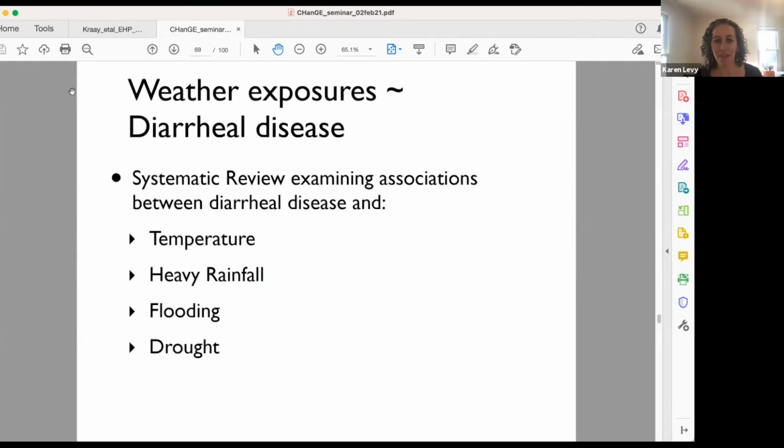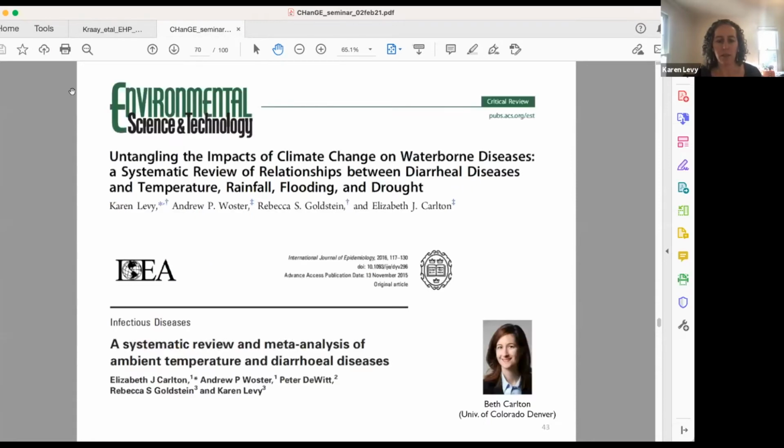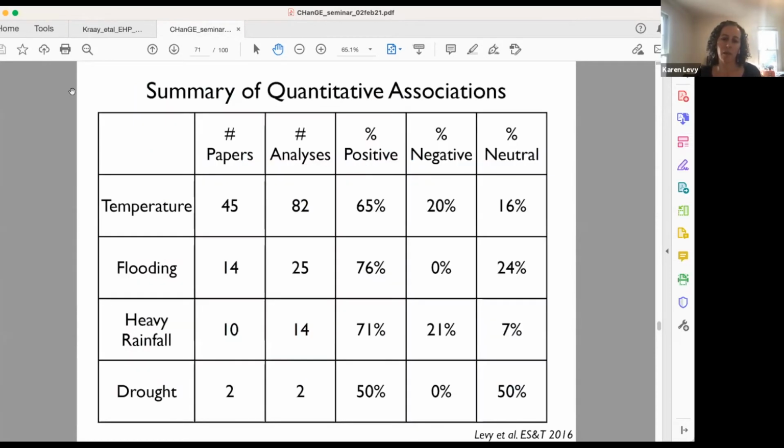And so we've done a series of multiple different systematic reviews of the literature where we're looking at associations between diarrheal diseases and these different weather exposures and stressors. And here's a couple of the main papers that have come out from this work. We looked at all the papers that looked at quantitative associations between these different variables.